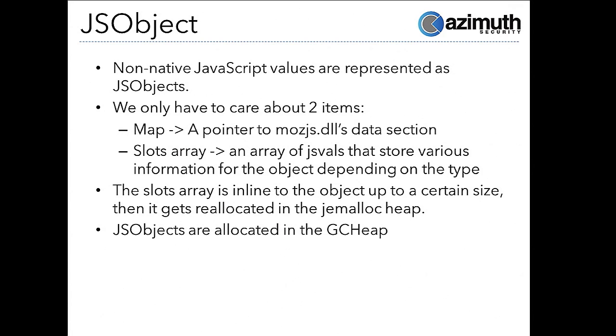So if you create a DateTime object, you'll create a JS object, and you have the slots array inside JS objects, which is literally an internal array which has a number of JS values, which are these simple native types. Back to this date and time example: if you create a date and time, you obviously have year, date, and things like that, and they're just stored in the slots array as these numbers. And that's actually what denotes a DateTime object.